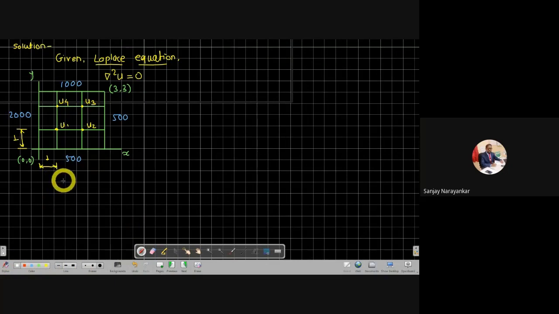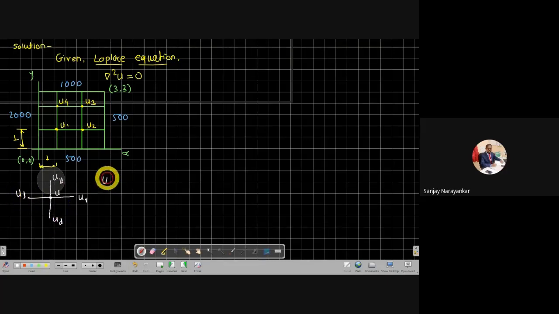So how to find this? First of all, we should know the equation for u. What is the equation for u? Can you tell me, students? Let us say this is the u point that we have to find out. This is u, this is u up, this is u down, this is u left, and this is u right.